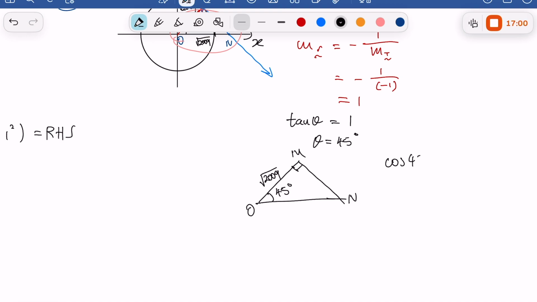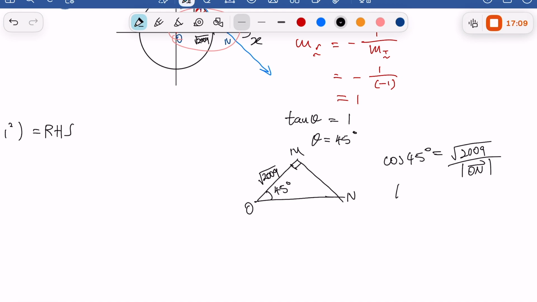So cos 45 degrees equals square root 2009 over the magnitude of ON. In this case, the magnitude of ON is square root 2009 times square root 2. It is square root 4018.